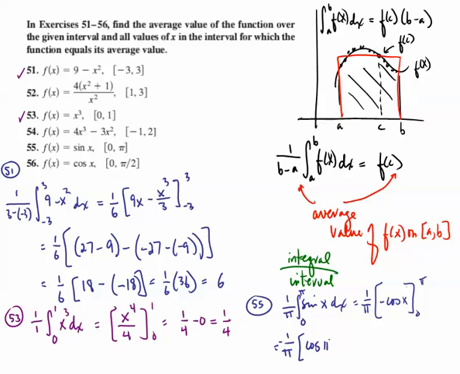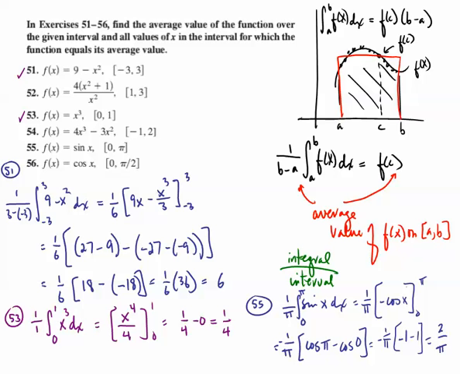So I have cosine of pi minus cosine of 0, so negative 1 over pi times cosine of pi is negative 1 minus cosine of 0 is 1. So we're going to end up with 2 positive here over pi. Alright, so 2 over pi.